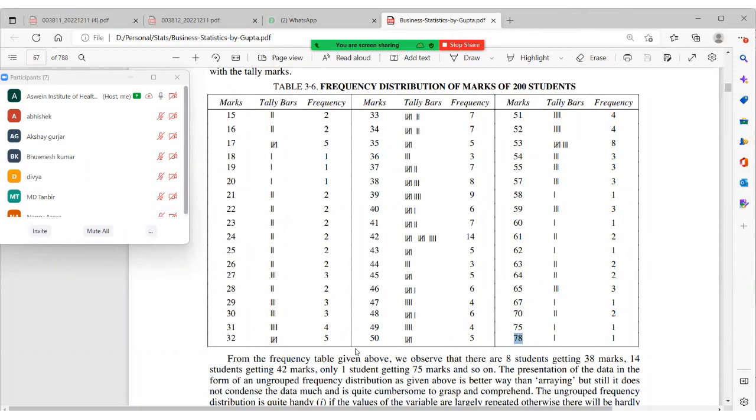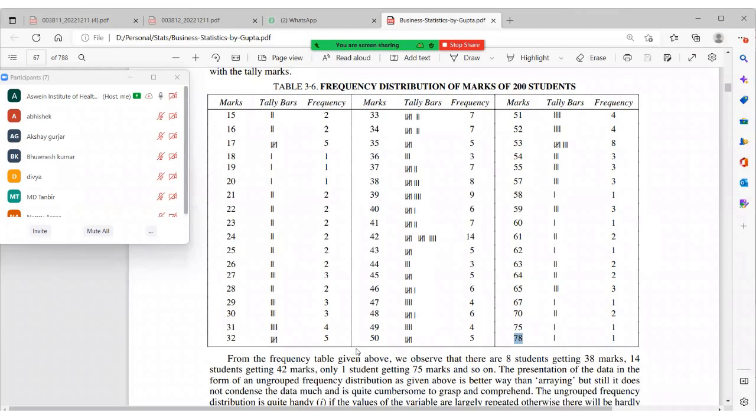And we assume that we need around 6 to 7 intervals, or 8 intervals or 9 intervals. We assume that we need 6 classes, for example.